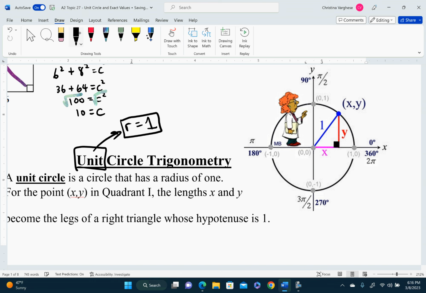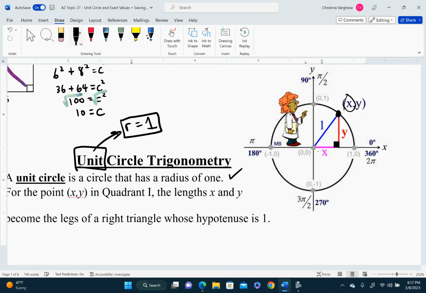All right, so that's the first definition. For the point xy, which is this random point right here, I can see that our x, if this is 1, is going to be less than 1. Since I'm not really sure what this number is, I'm just going to call it x.